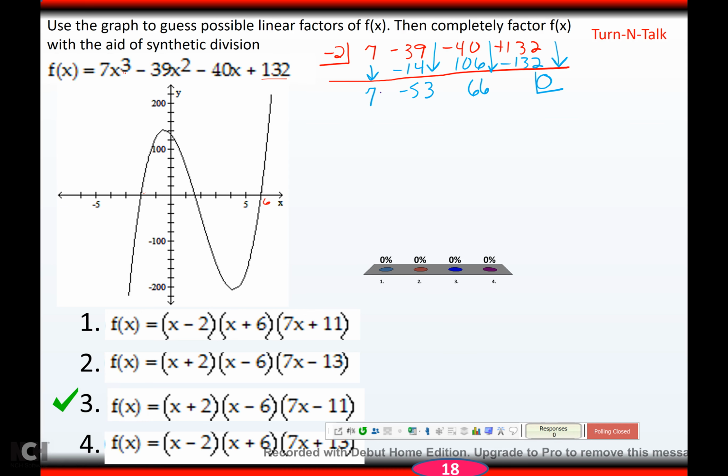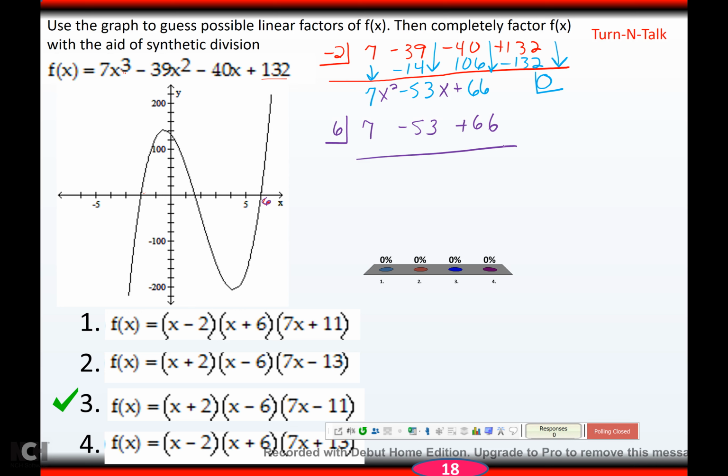So now we are down to a second degree equation, which at this point I could use quadratic formula or try and factor, but that does not look fun. So since I know this other one, 6, works for sure, I'm going to put 6 in the hole and use my second degree coefficients. So 7, -53, +66.